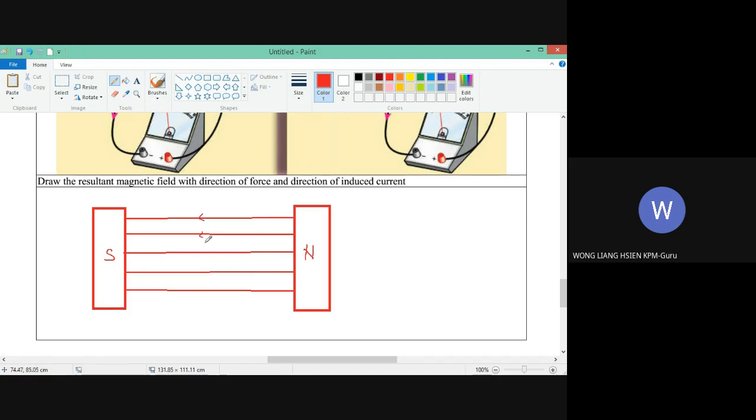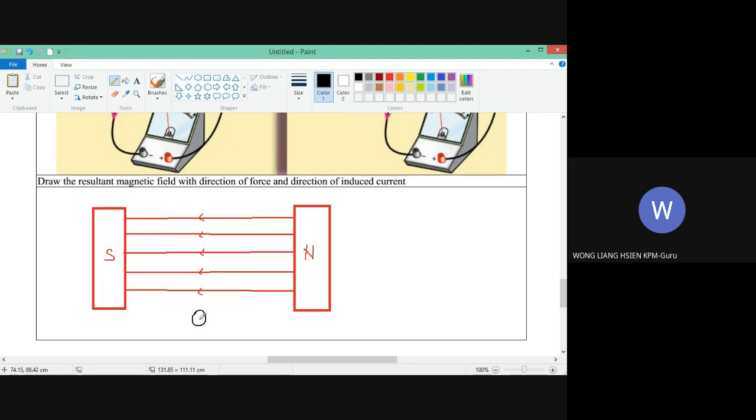Okay, magnetic field lines north to south. And then this is the conductor, the cross section of the conductor. You see this cross section of the conductor, no current, it's not moving, so there's no current.